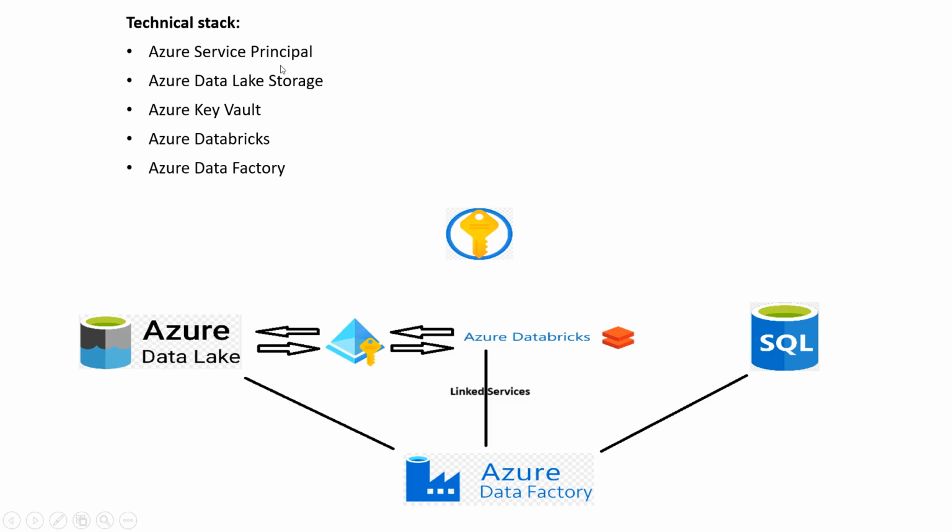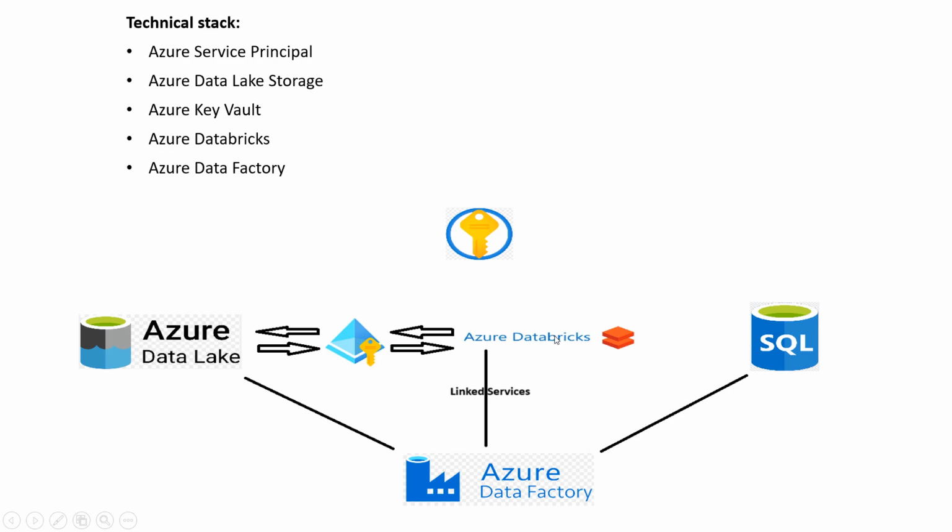Technical stack would be Azure Service Principal, Azure Data Lake Storage, Azure Key Vault, Azure Databricks, Azure Data Factory. So we will make use of Azure Data Lake to store the raw data, and Key Vault, where we will store the secrets required for achieving this whole process or pipeline.